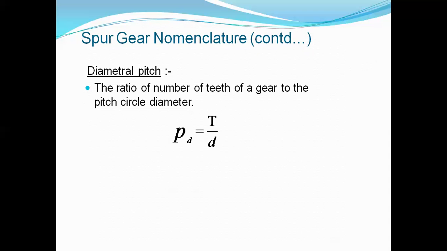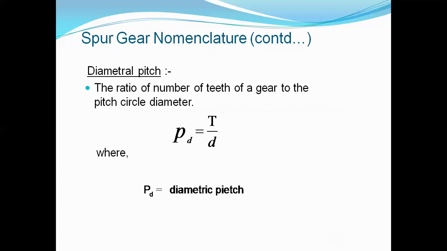So PD is equal to T by D. For example, the number of teeth may be 20 and the diameter of the wheel is 5. So what is the diametral pitch? 20 by 5, that is 4.